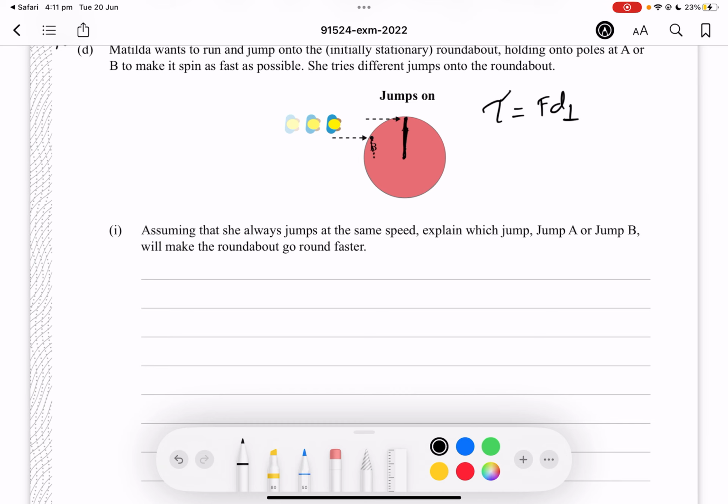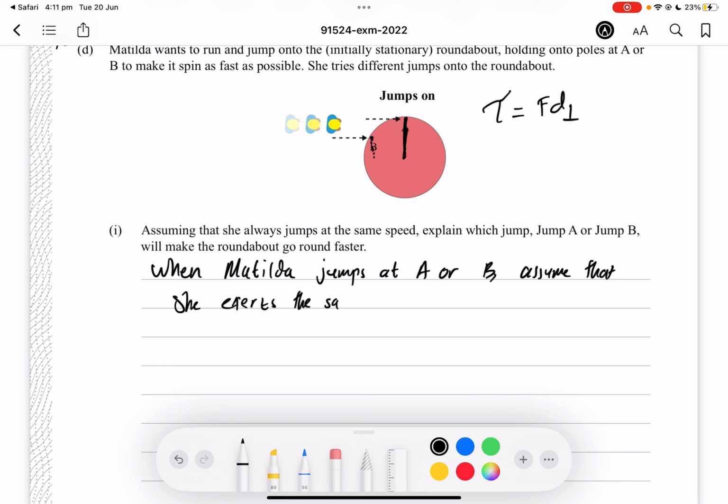Okay, so, jumps at A or B. We'll assume that she exerts the same force on the roundabout.